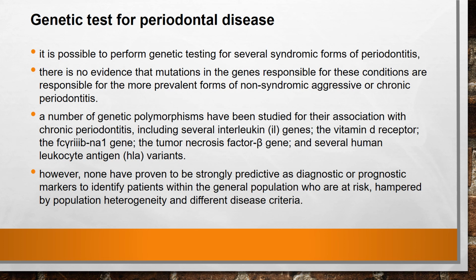For aggressive periodontitis, the cathepsin C gene. However, none have proven to be strongly predictive, diagnostic, or prognostic markers to identify patients within the general population who are at risk. It might be hampered by population heterogeneity and different disease criteria.